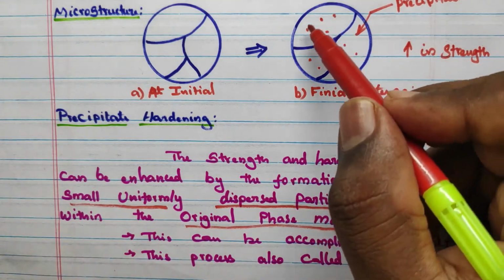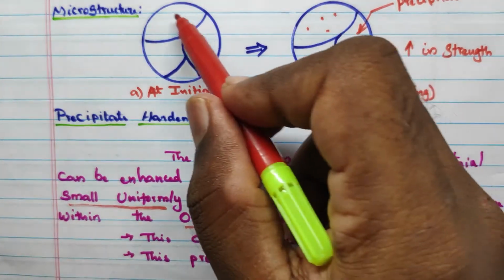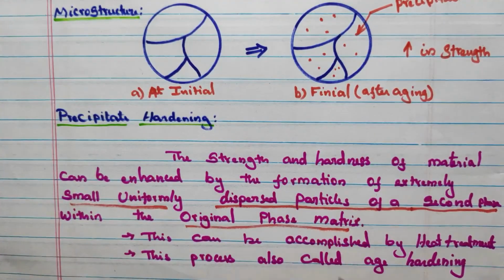This second precipitate is formed within the original phase matrix.